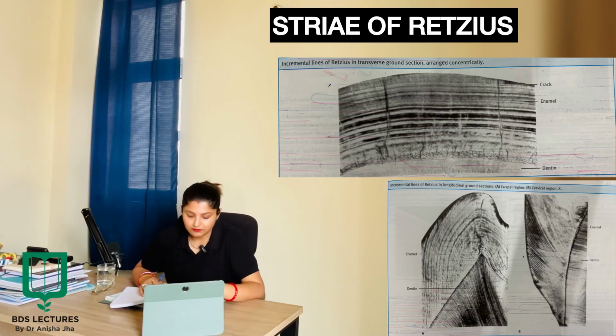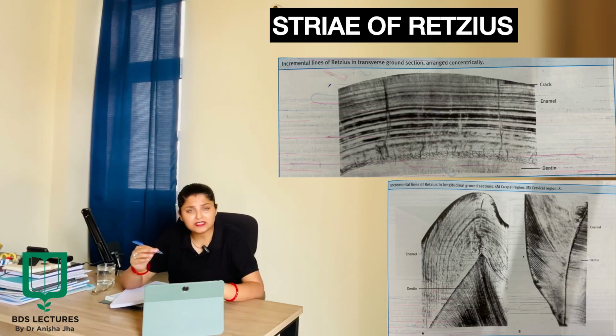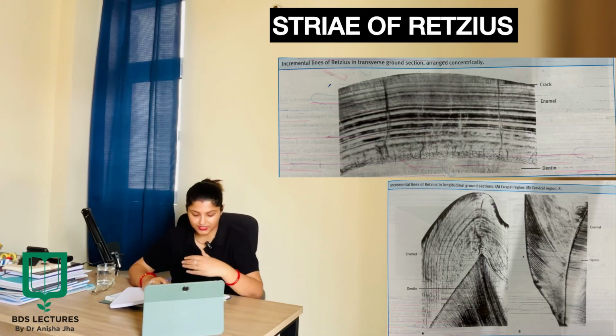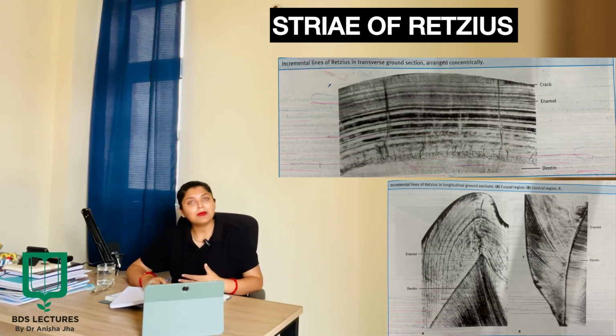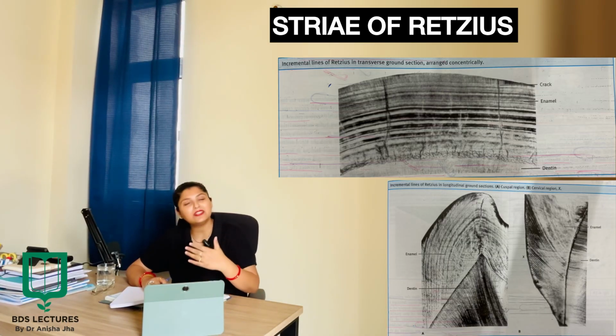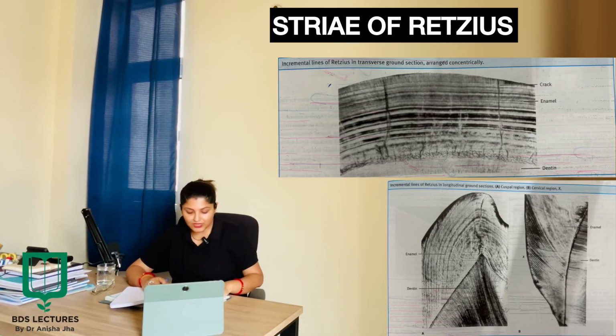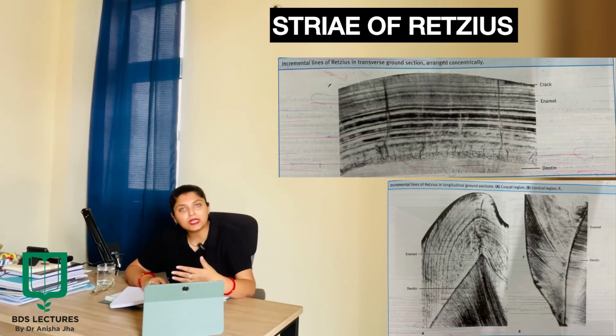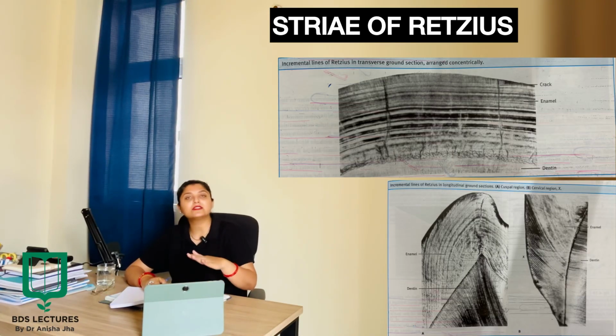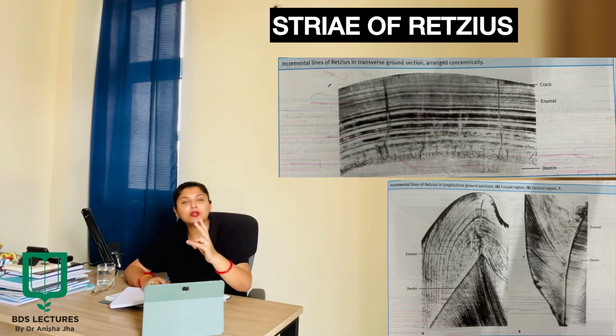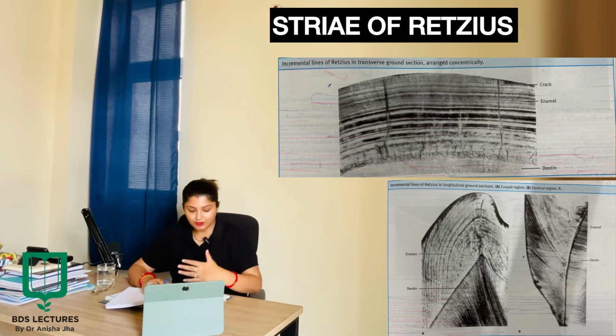If they are moderately present they are considered normal, but if there is some metabolic disturbance, the rhythm of enamel matrix formation and rest period is upset, the lines are closer together, and there is alteration in the width of the incremental lines, broadening them and rendering them more prominent.